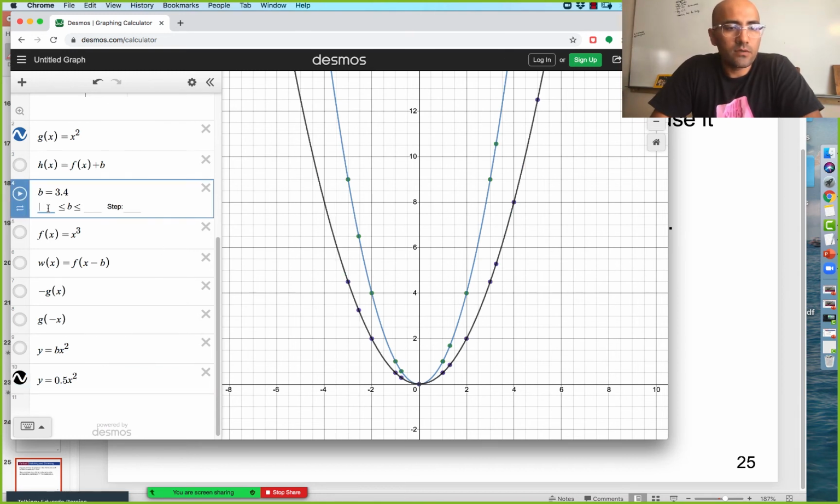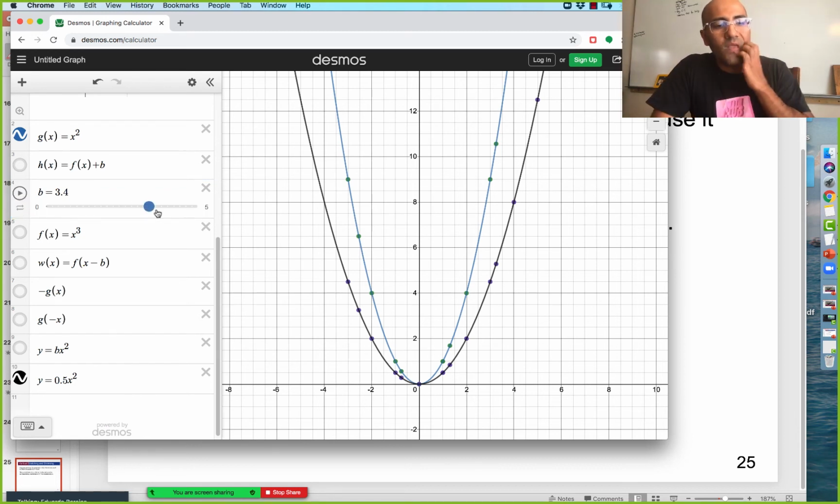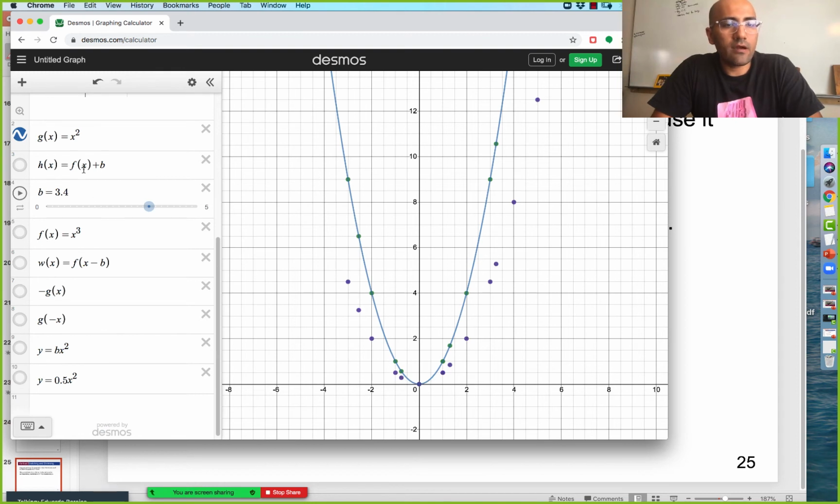Good. So let's change this from 0 to 5 by 0.2. Okay. So in general, if we're going to be multiplying by a constant that is bigger than 1, it makes it skinnier and skinnier. The bigger that number, the skinnier it gets.